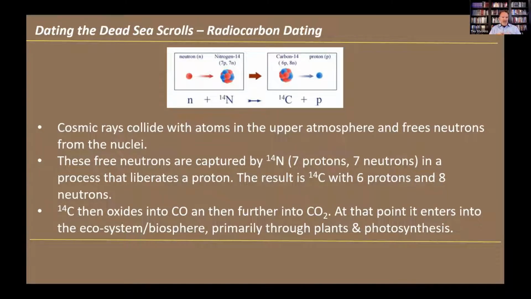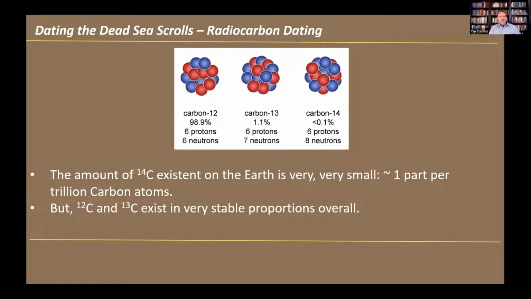At that point, it enters into the ecosystem and biosphere, initially primarily through plants and photosynthesis. And the plants get eaten by animals, the animals get eaten by other animals and people, and some people even eat plants, and then that's how we get carbon-14. Now, the amount of carbon-14 existent on the Earth is very, very small.